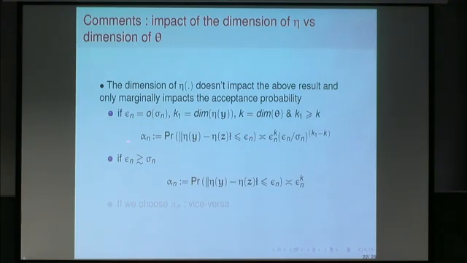And in particular, if epsilon n is much larger than sigma n, then the probability of accepting eta when you have a radius epsilon n here is of order epsilon n to the power k, where k is the dimension of theta, not the dimension of eta. So if you have concentration and you have large summary statistics, you're not killed by the dimension of the summary statistics.